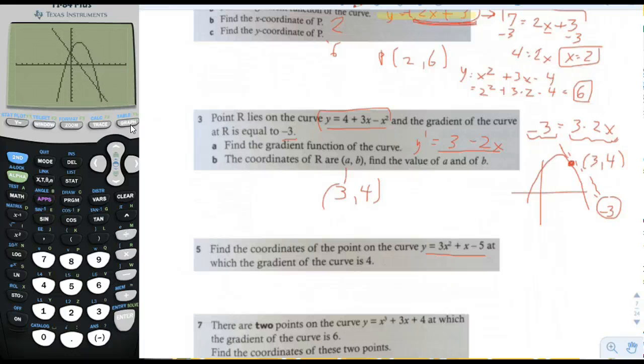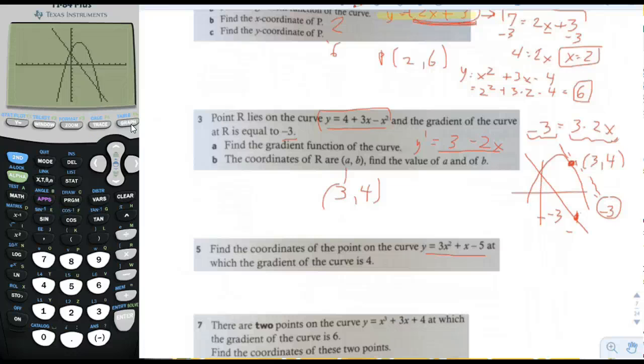And we can find that by looking at the gradient function, which is the line, and seeing, oh, it's -3 right here. Do you see how that works? The y value of the original function is 4, but the gradient function y value is -3 because the gradient function y value is the gradient of the parabola. Okay, that might be confusing.